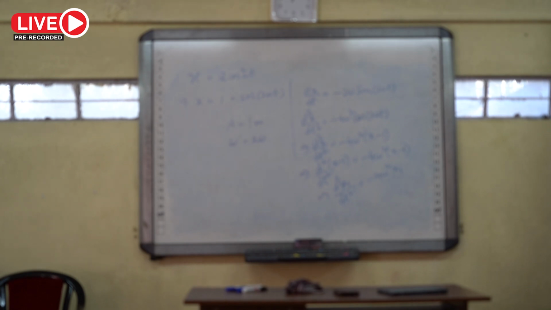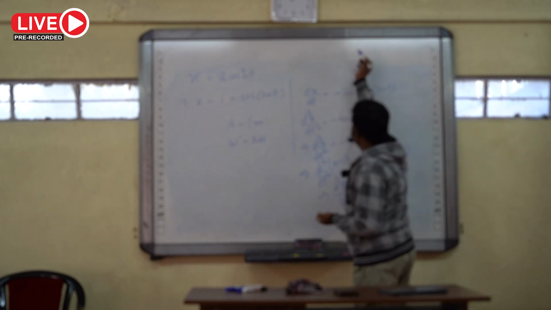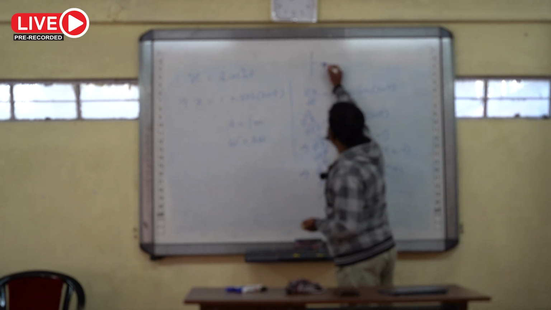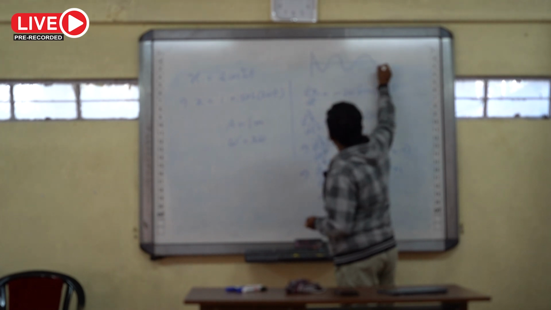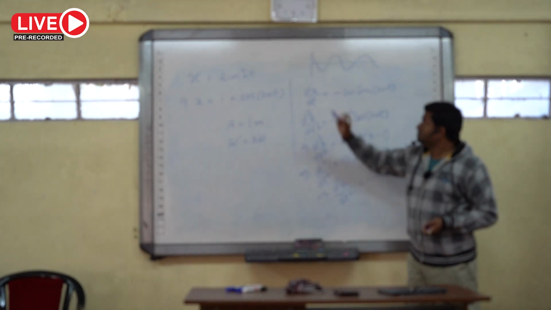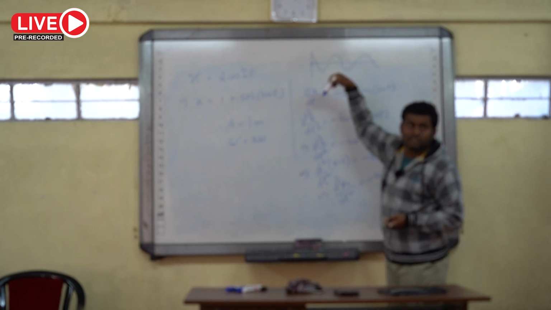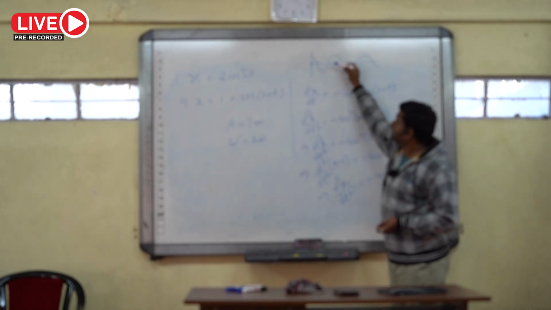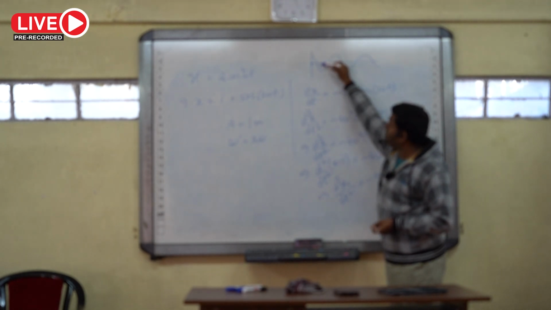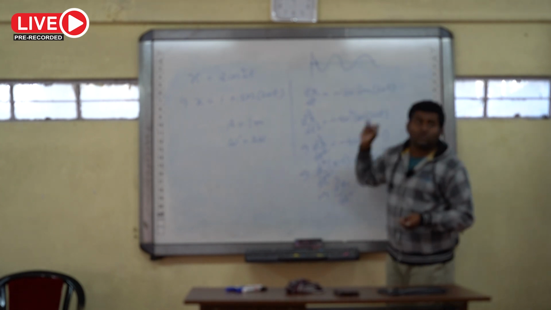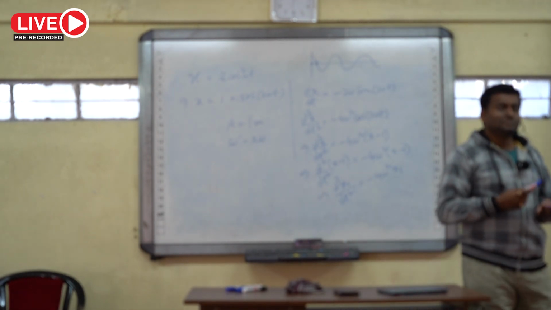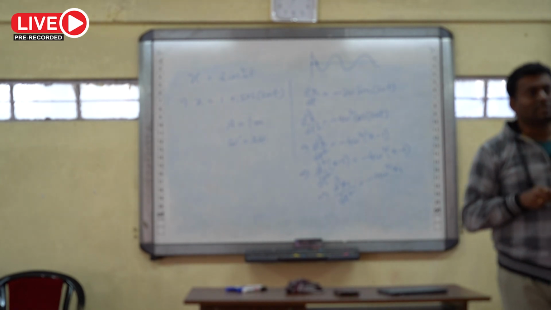Because you can consider this is a cosine function coming. So you are considering that about this point the particle oscillates. If you consider that about this point particle oscillates, is the graph not representing SHM or not representing cosine function?